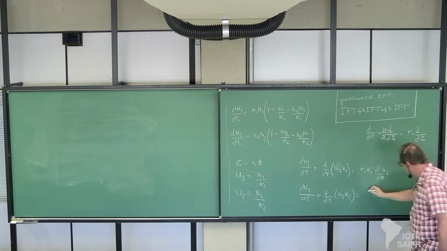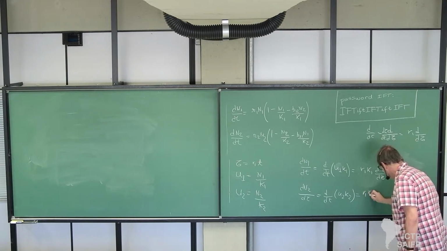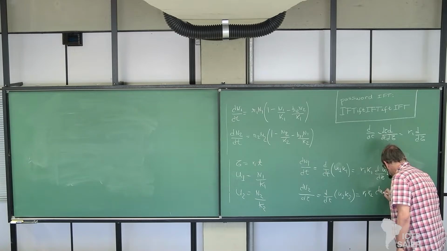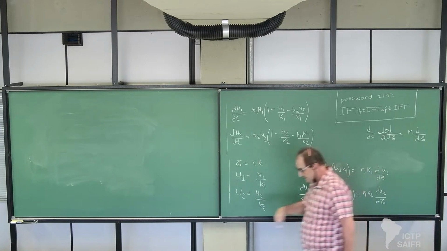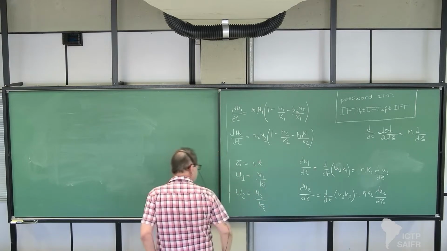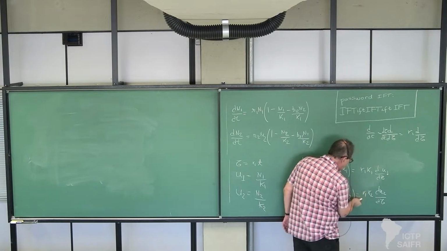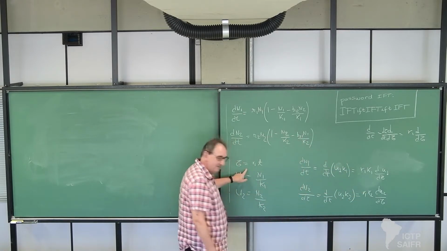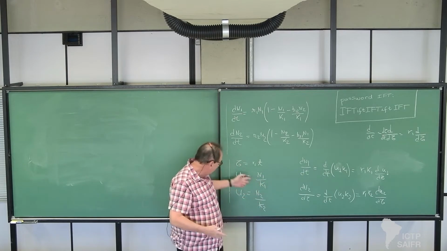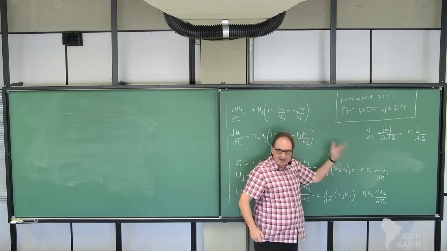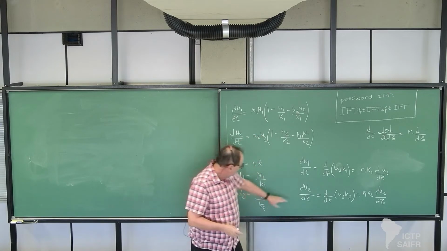So you will have r1 k2 d u2 d tau. So pay attention. It's k1, k2, but it's r1, r1, because I have only one time rescaling. I don't have a time for each species. So I use r1 arbitrarily. You could have used the other one. Makes no difference.